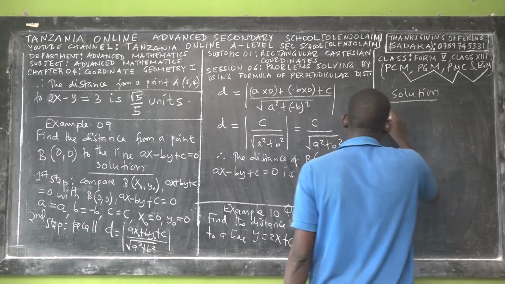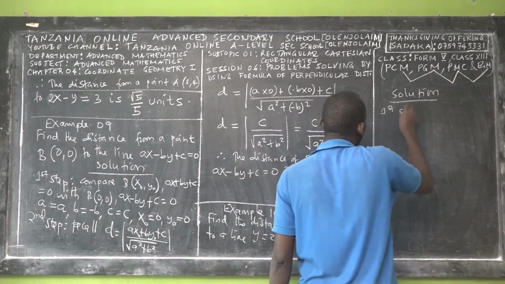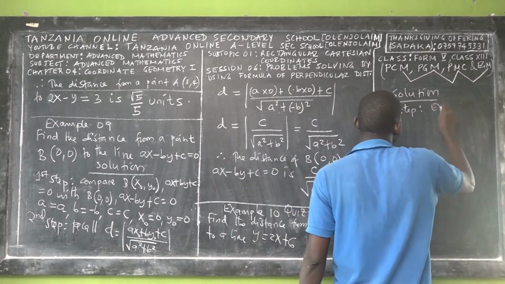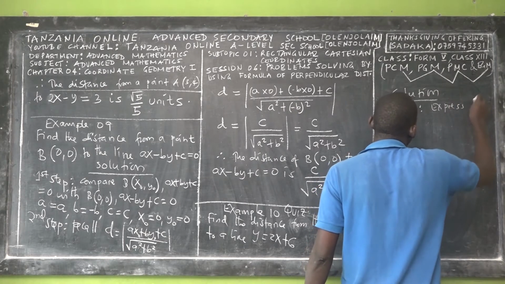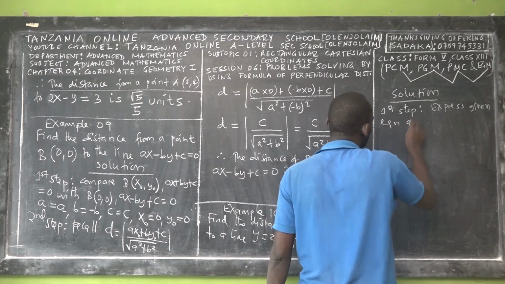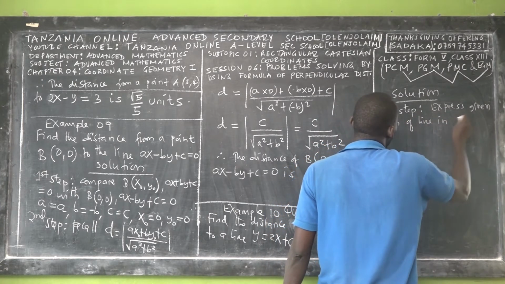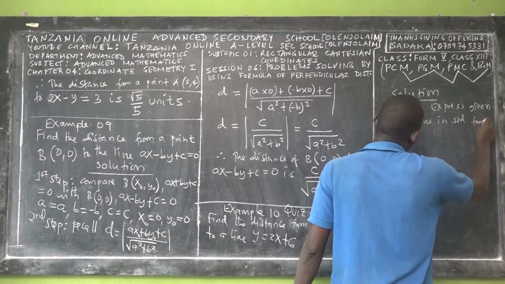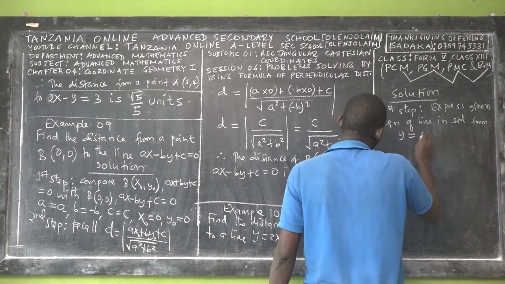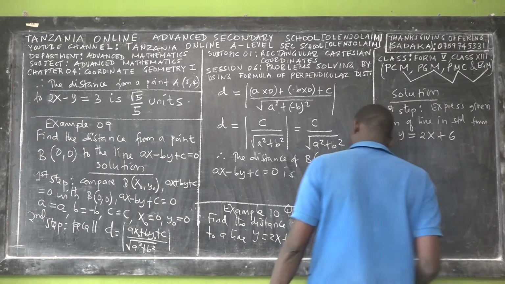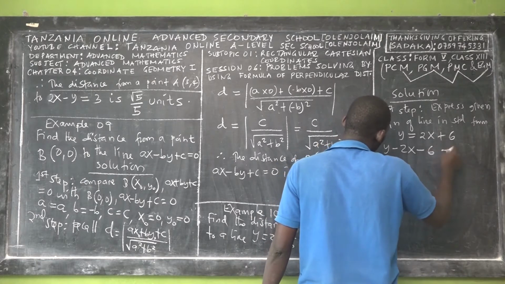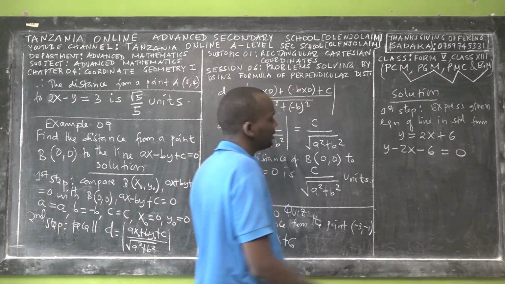So solution. You just follow 2 steps. The first step, we express the given equation of the line in standard form. You are given y is equal to twice x plus 6. So y minus twice x minus 6 is equal to 0, the standard form.